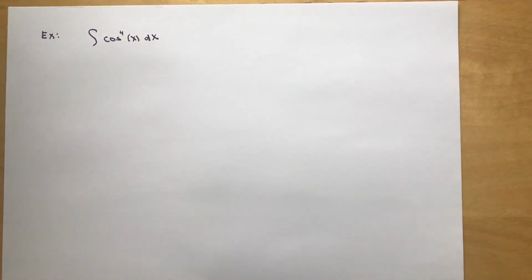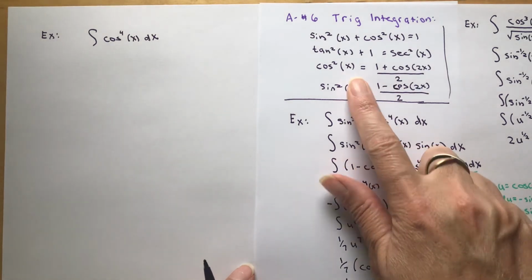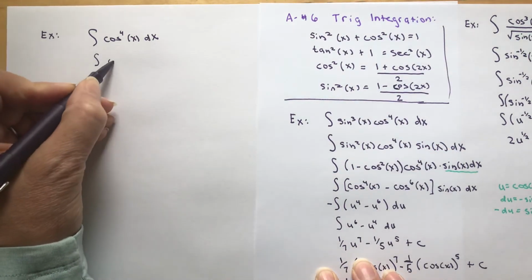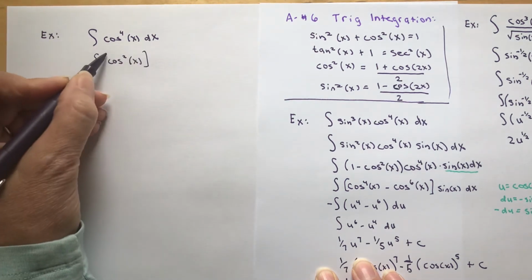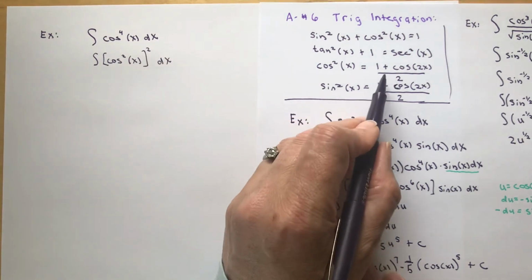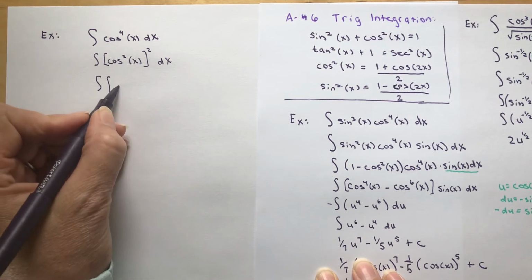So this one doesn't have the benefit of having both a sine and a cosine in it, so I think we're going to need the other formula here. That's basically this one. So if you think of this cosine to the 4th x as cosine squared x, squared, then I can substitute in this.